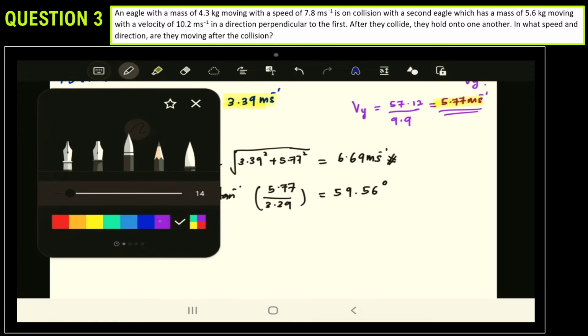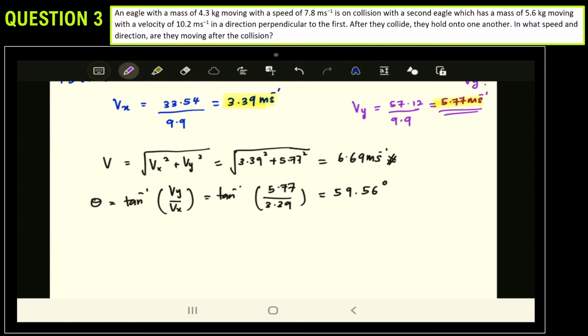So when we try to sketch the direction of motion for both eagles, Vy is positive, so upward, and Vx is positive, so to the right, so means that the final velocity is in this direction of V, where it's equal to 6.69 meter per second, and the angle is 59.56 degree.